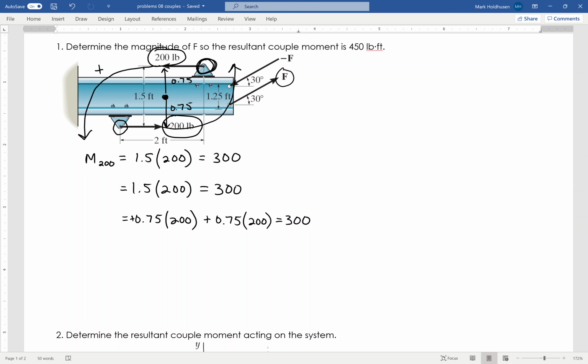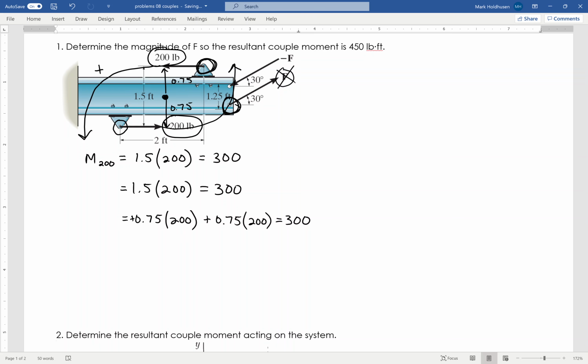So for the F couple, which I don't know, I'm going to choose this point. It's best to always go from one force to the other force. So when I go about that circle point, that force creates 0 moment.